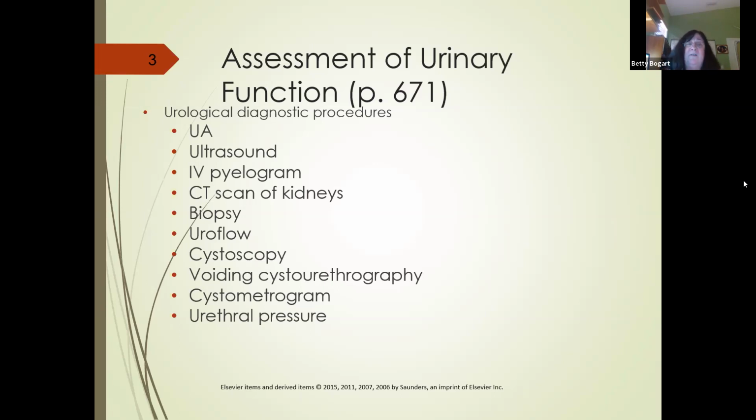We do CAT scans of kidneys to look at all the structure. Biopsies, maybe there's a persistent sort of infection. Let's see what the tissue looks like. Cystoscopies, looking inside. Voiding cystourethrography is seeing if the urine, when it goes out, is not refluxing up. We can tell this by dye that's inserted in the bladder, and we can see, does it go up the ureters?